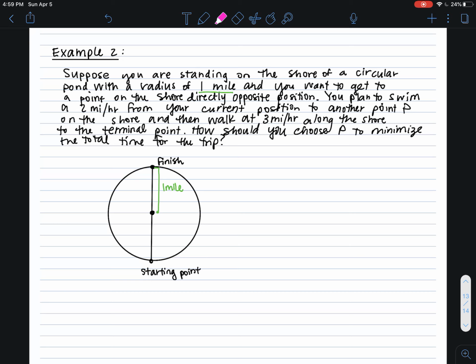So we plan to swim 2 miles per hour from where we're currently standing to some point P on the shore, and then we're going to walk 3 miles per hour along the shore to the terminal point. Okay?